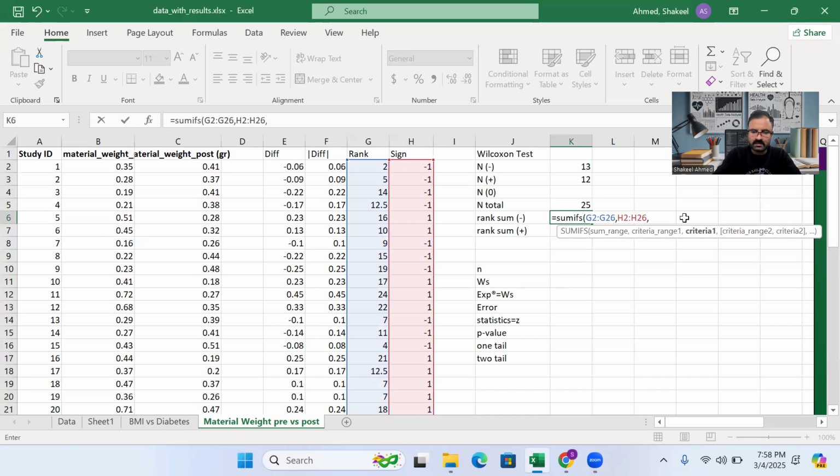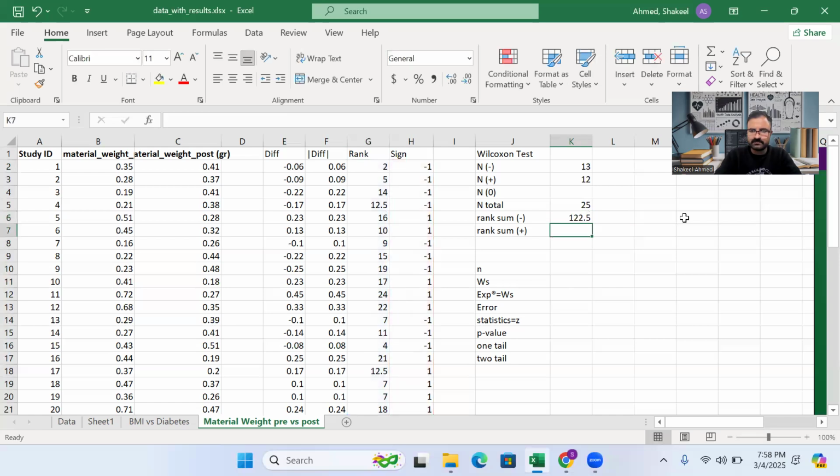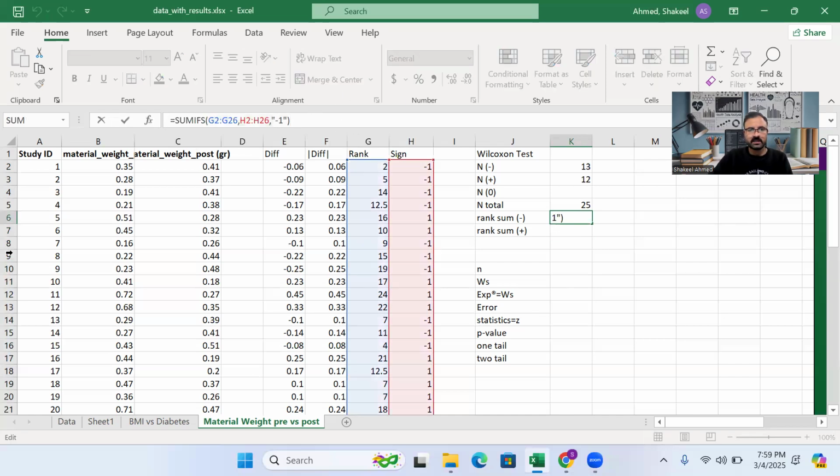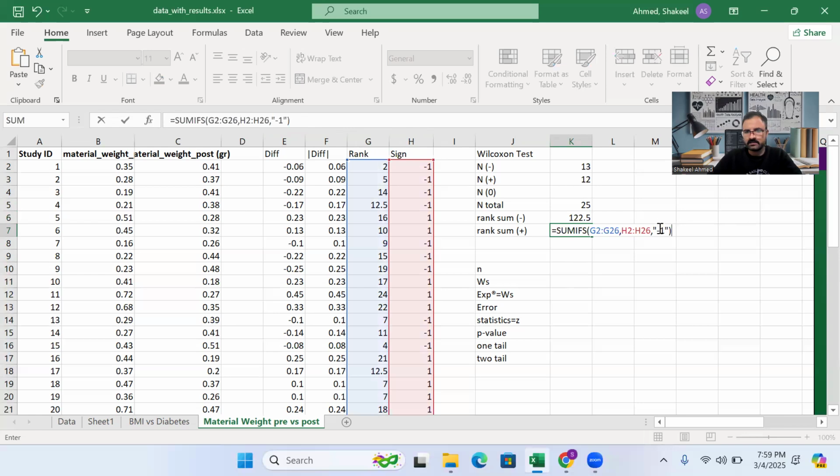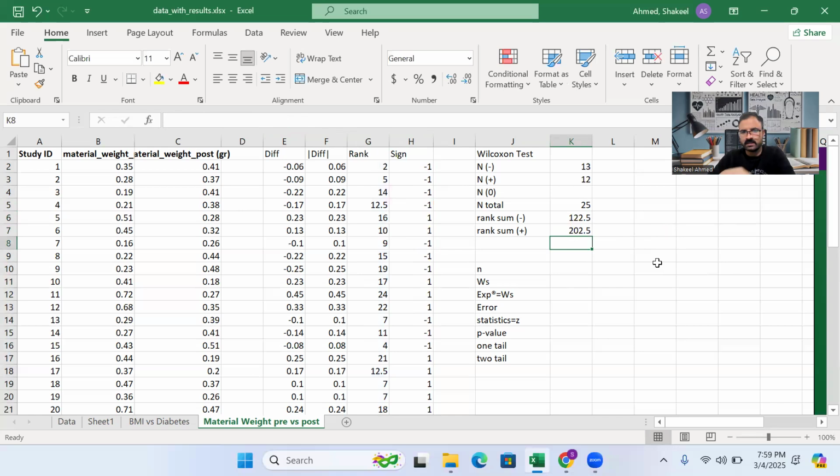This is for negative sign. So I'm just setting the criteria as -1 and then close. This is the sum of rank is 122.5. And then again, I'm just copying these commands. You can just copy and then paste right here and just change it to +1. This is the sum of positive ranks.